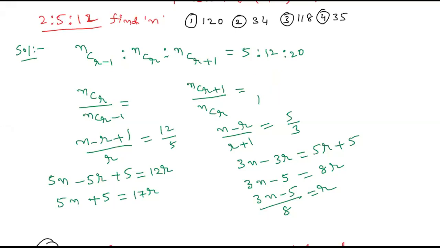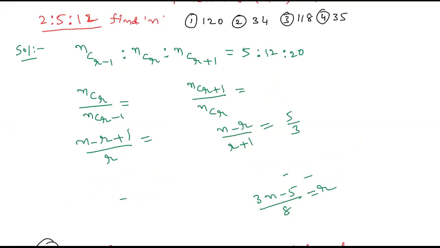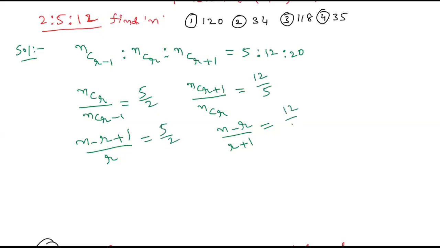Now this calculation is totally wrong because the question is wrong. So now see that nCr by nCr-1 means what we get, that is 5 by 2. Here this is 12 by 5. Now take the cross multiplication.